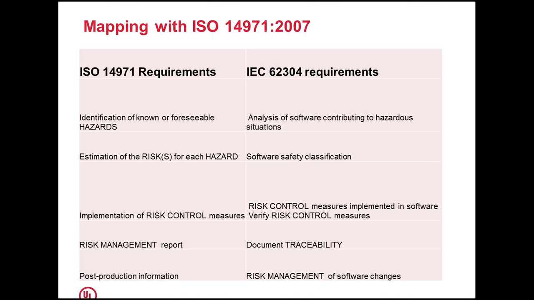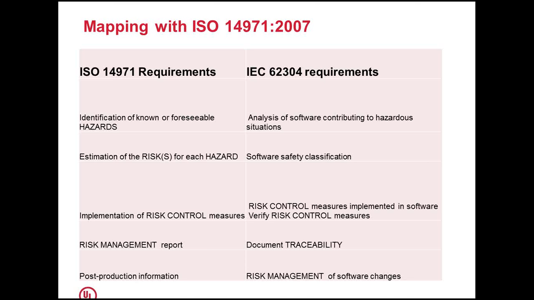And implementation of risk control measures. Here the risk control measures are implemented in software and verified. So you need to take those inputs from the risk control, whatever you have identified, into your requirements, into your architecture design, into your coding stage, and into your verification stage by having appropriate test cases and verifying those risk control measures.